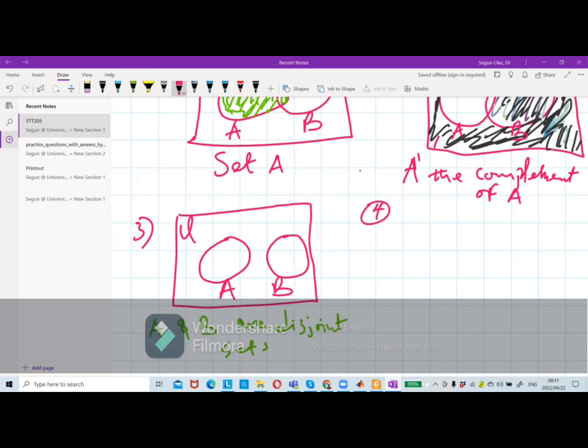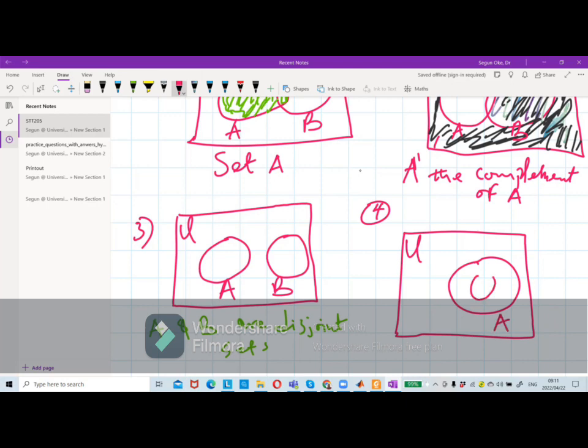Number 4. Let's look at this. So we have our A here, then we have B contained in A. So we have B inside.